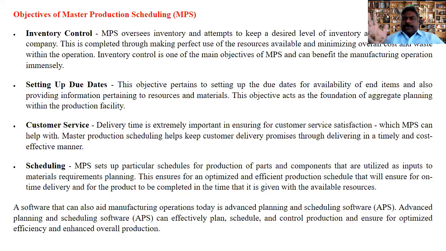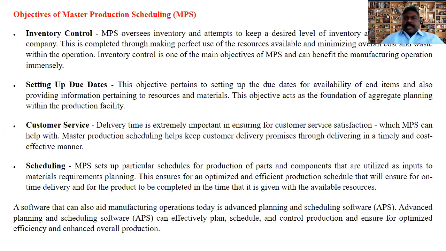If you store more than that, the stock will become non-moving items, it will be piled up, it will deteriorate, it may be damaged, and it will cause a huge loss to us. So for that reason we have to maintain the desired level of inventory, and regularly check stock in and stock out and maintain those materials. So the first in MPS is inventory controlling.